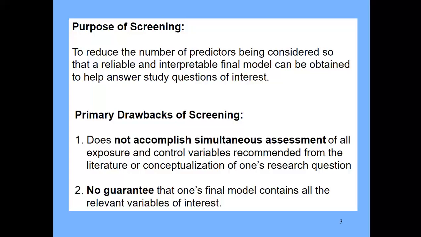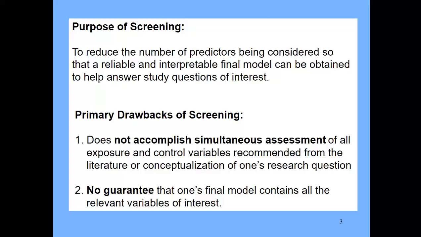Now, the two primary drawbacks to doing any kind of screening are, first of all, if you drop some variables, you're not doing what you wanted to do. The reason you identified 20 or 30 or 50 C's was because you thought they were all reasonably important, and if you didn't want to drop them, then you're saying, I really would like to control for them together, and I can't do it.